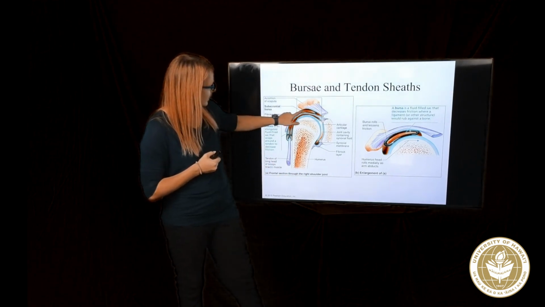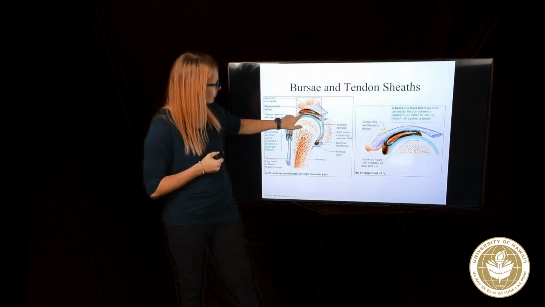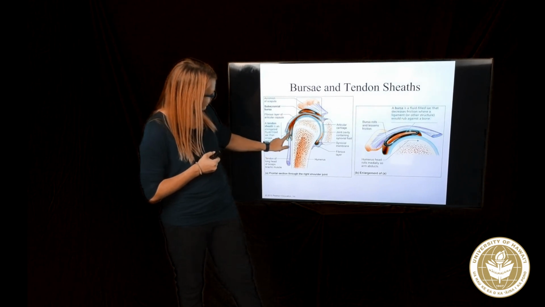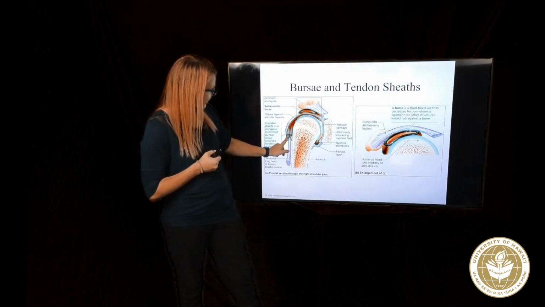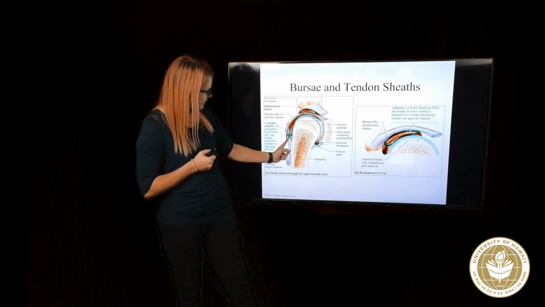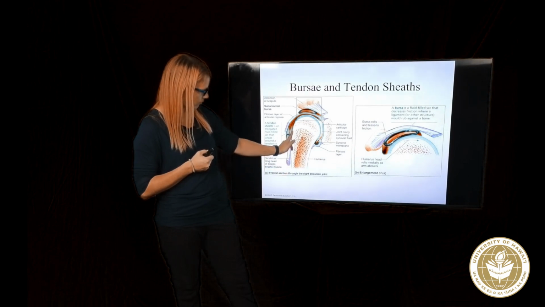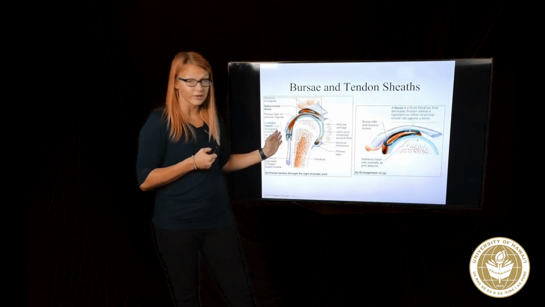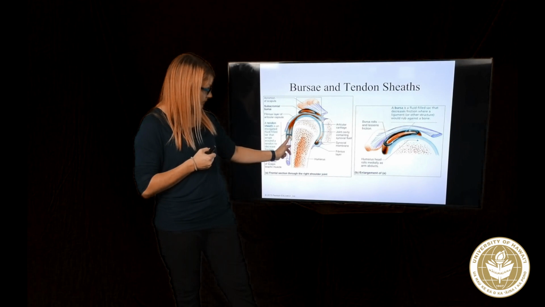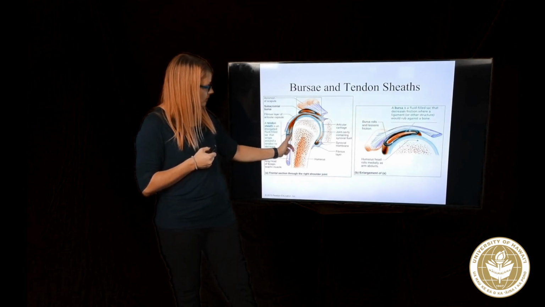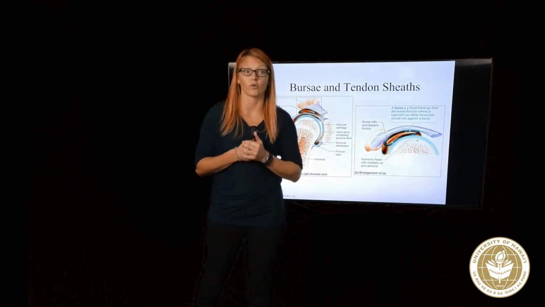You see a bursa up here, the subacromial bursa, but right here you see that tendon sheath. Notice how it wraps all the way around the tendon of the long head of the biceps brachii muscle. It literally looks like this tendon is the hot dog, and this tendon sheath looks like the bun going around it.